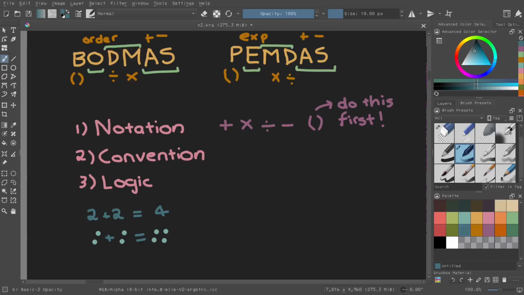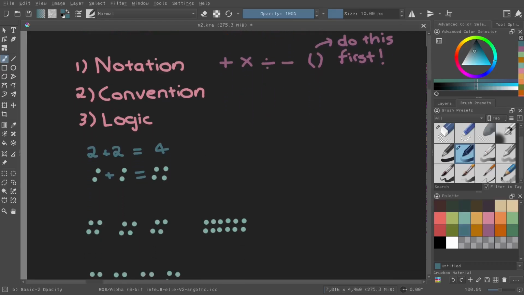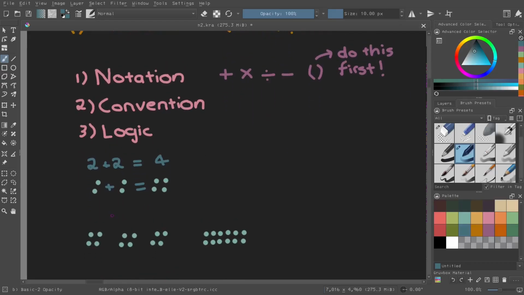This is as opposed to multiplication and division, which works in groups. For example, let's say you've got 3 times 4. You've got 3 groups of 4.